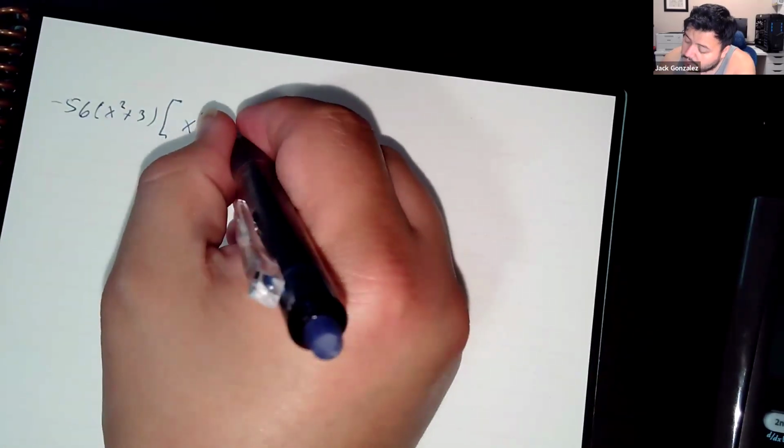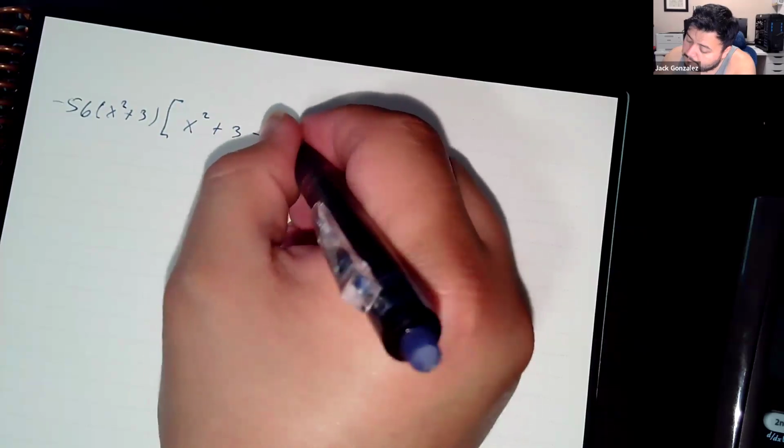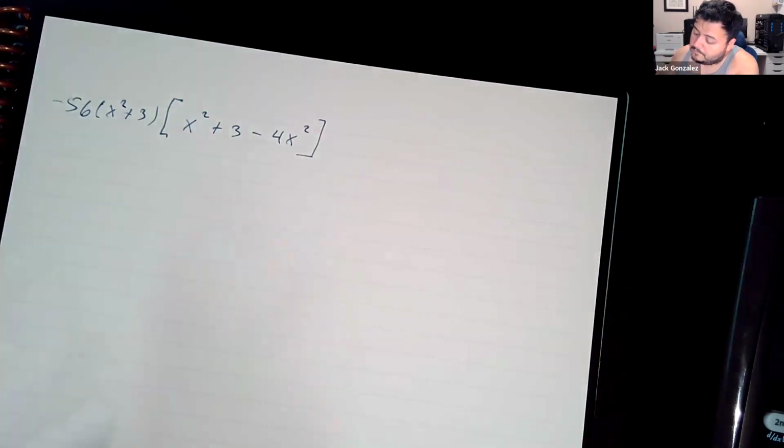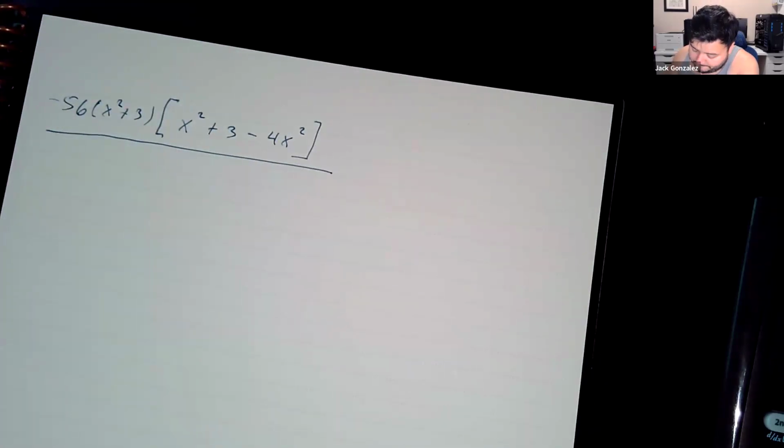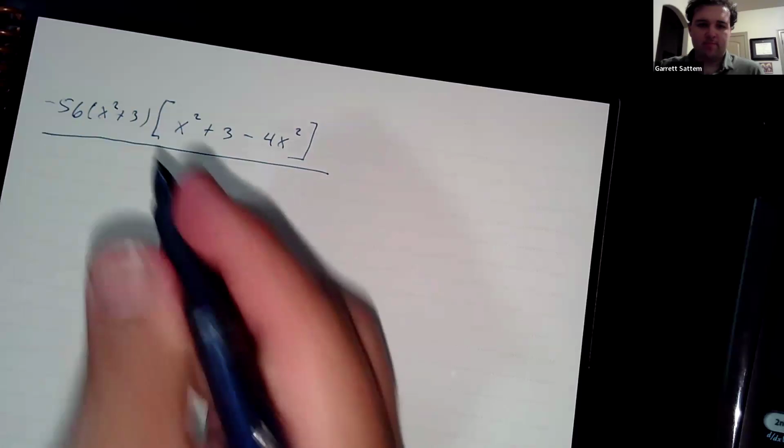Okay. x squared plus 3 minus 4x squared. So x squared, 3. This looks slightly prettier, right?